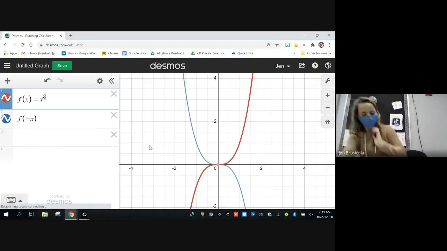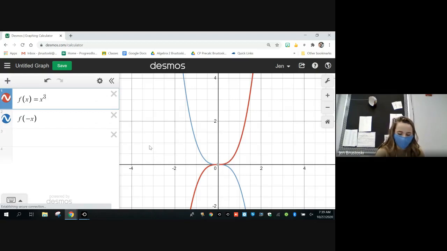So this b value, we're only going to worry about it if it's negative. If negative, it's going to reflect over the y-axis. So guys, you should be writing these down as we go.